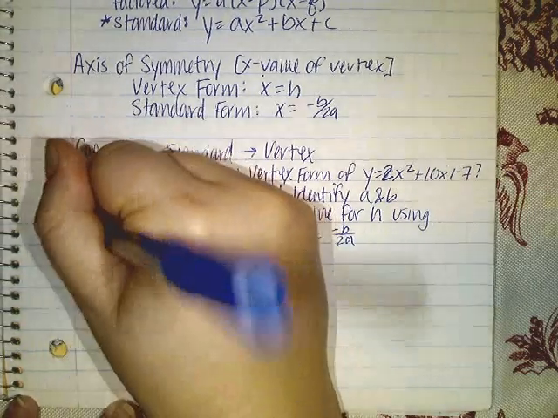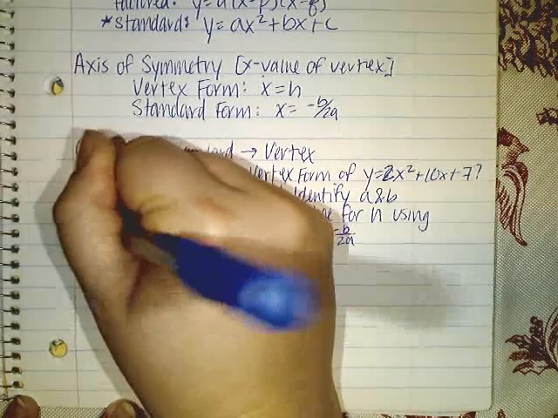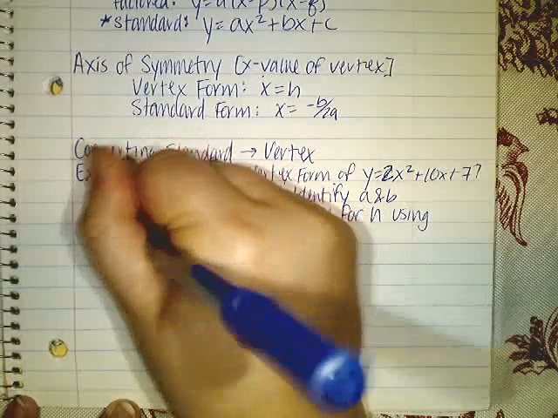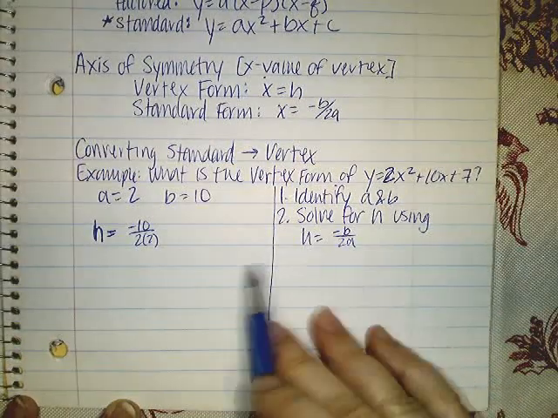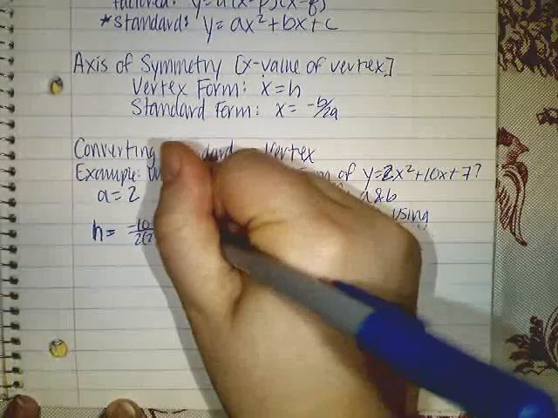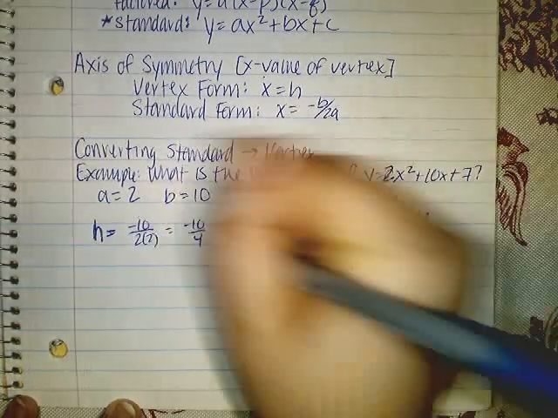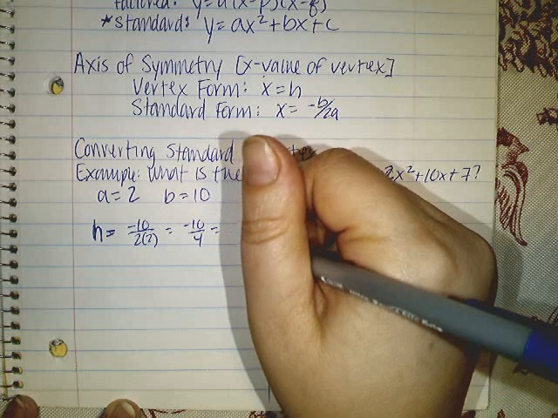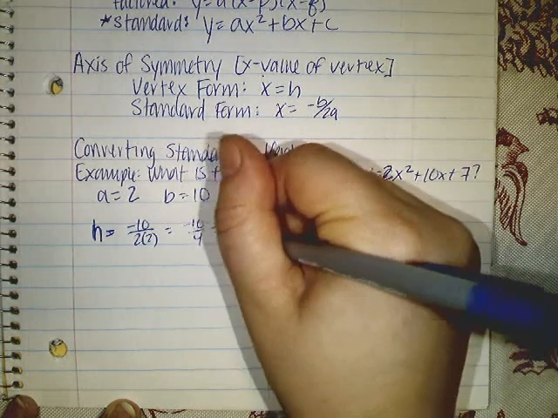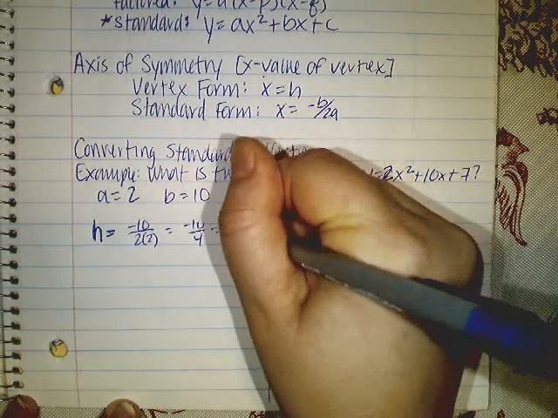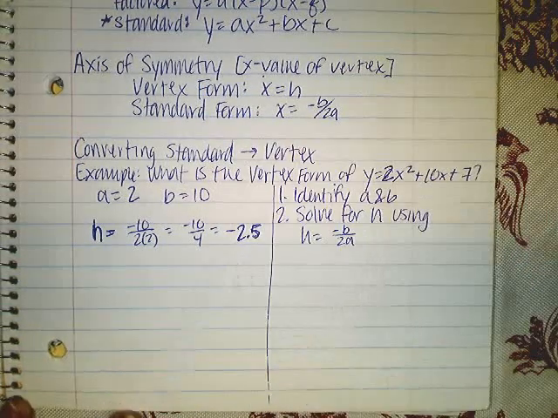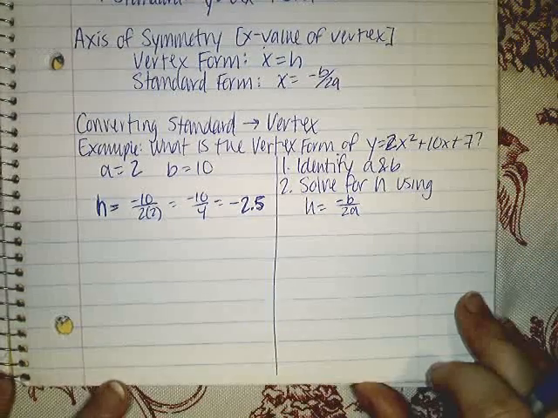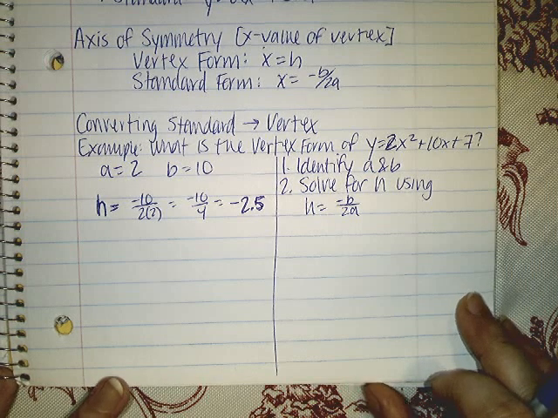So h is equal to negative 10 over 2 times 2, just plugging into the formula. That's negative 10 over 4, or negative 5 over 2, or negative 2.5. I'm going to use decimals for today because it's visually easier, but you could leave it as negative 5 over 2 if you prefer.